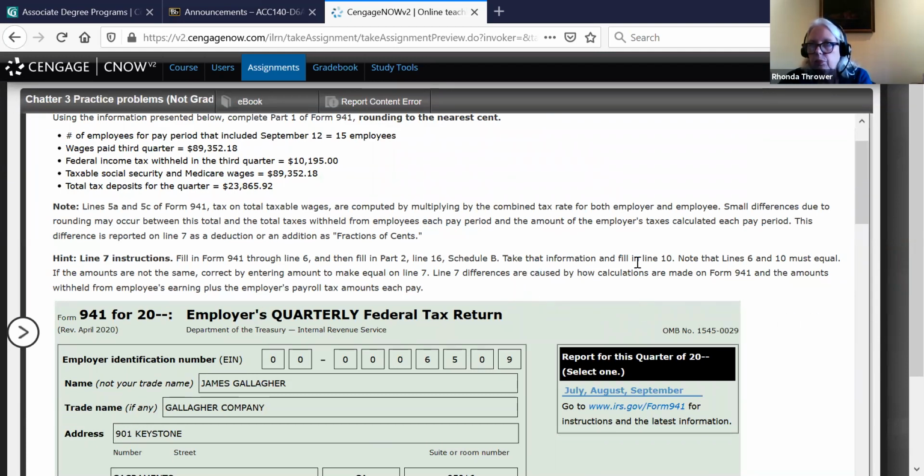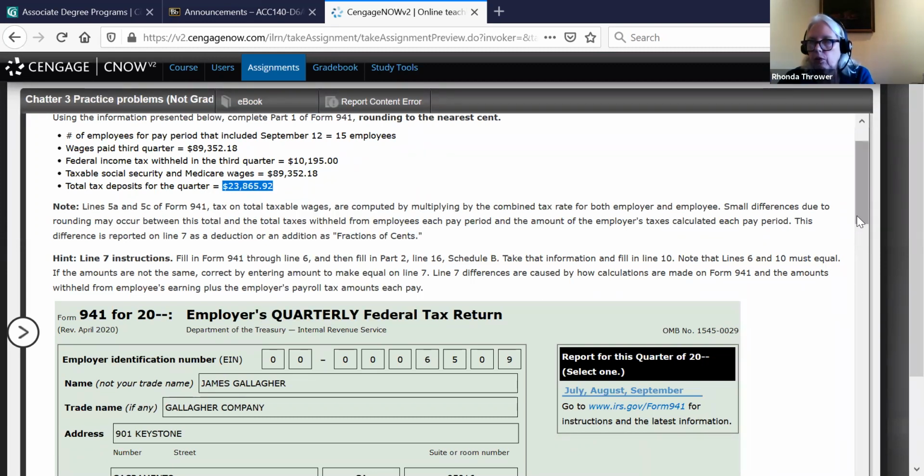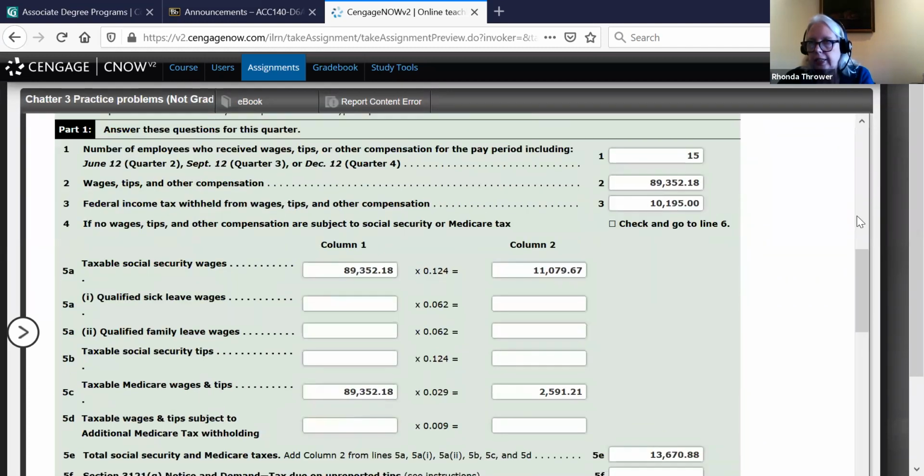They want you to take the information, it is line 10, and fill in line 10. That's the amount of tax deposits that were withheld. Because this was a monthly depositor, the total tax deposits happen to be given to you at this point right here. This $23,865.92 goes in line 10. So I'm going to copy and paste the total tax deposits into line 10.